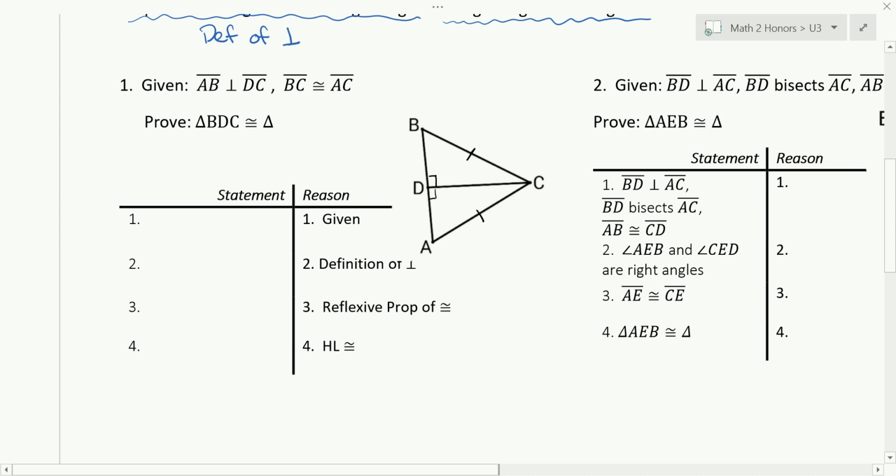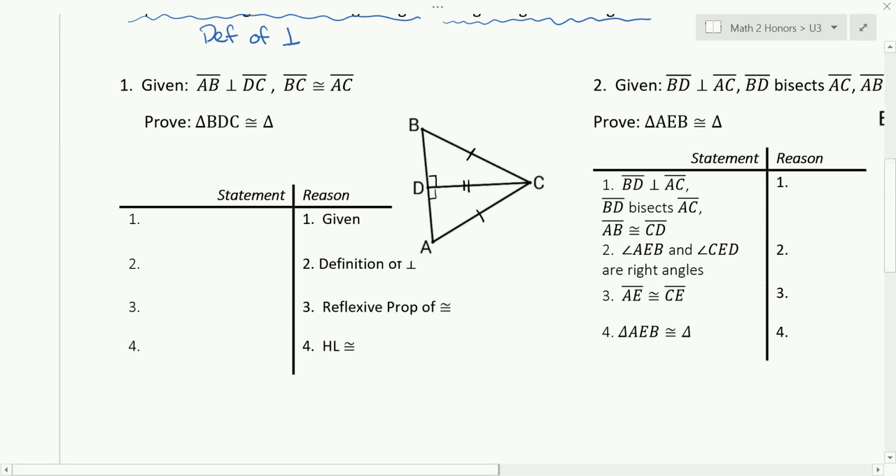So I know there's stuff written down in the proof, but try not to look at that right now. It's okay if you look at it, but why would these triangles be congruent? Or is there any other missing pieces we need here? What's missing? CD is congruent to CD.